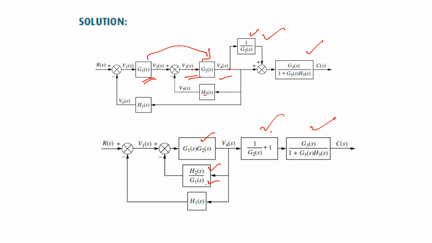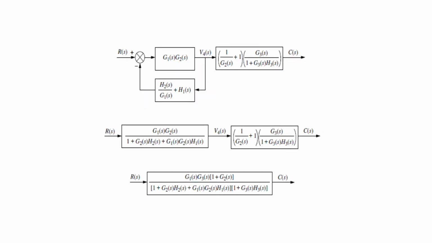And finally we are getting this and this one, H1, and this is the feedback form, and we convert this feedback form, and finally we get the last feedback form, this transfer function and this transfer function, and we are getting two transfer functions out of that, and finally multiplying these we get the transfer function of the whole system.